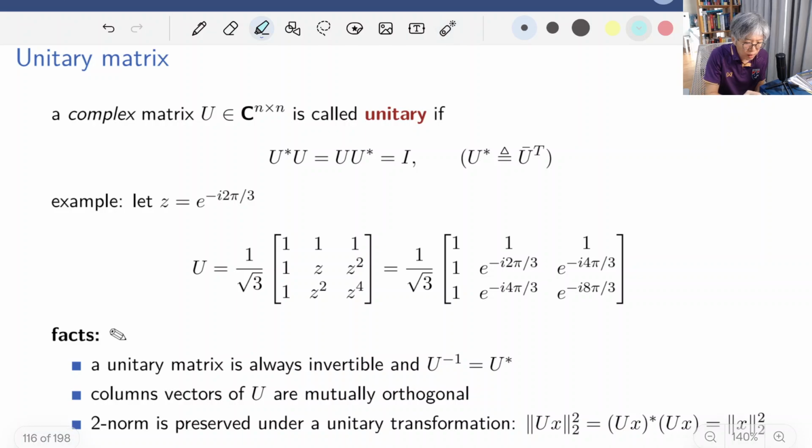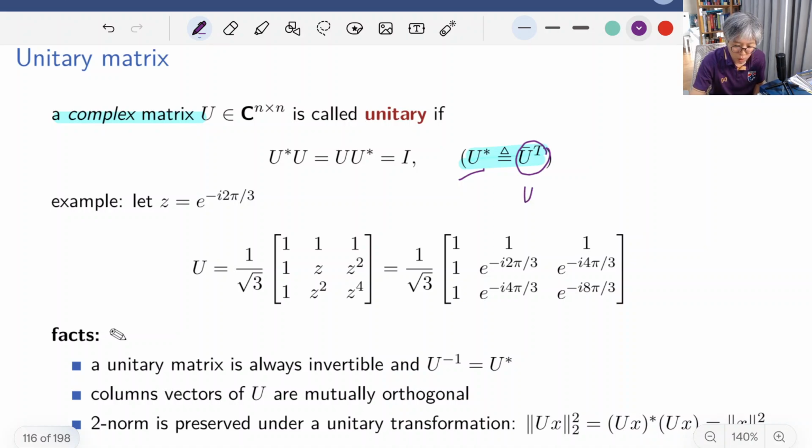Now we extend the domain to talk about complex matrices. When you talk about complex matrices, there is an operator that needs to be introduced. This is called the Hermitian operator, or Hermitian conjugate. What it does to the matrix is take the transpose and then conjugate.